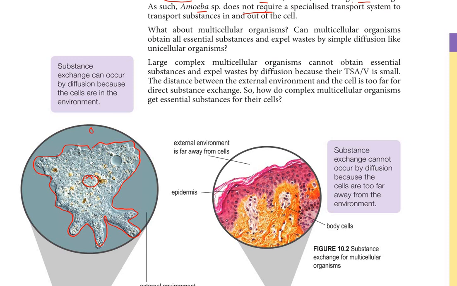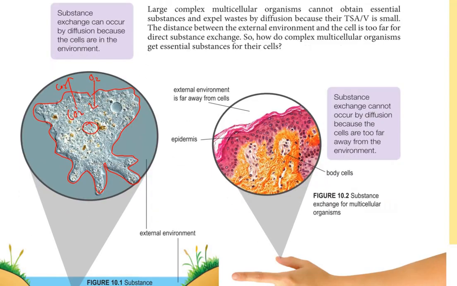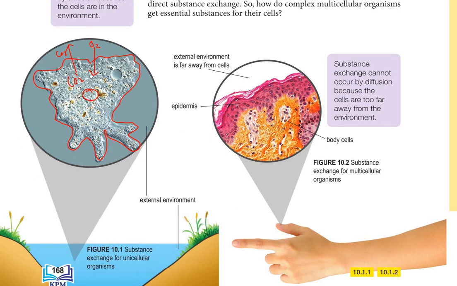So if we have oxygen here, oxygen can directly diffuse into this amoeba, and if you have carbon dioxide, carbon dioxide can be directly diffused out from the amoeba. This diagram shows the external environment, which is not too far from the cell. The cell is actually inside the external environment.